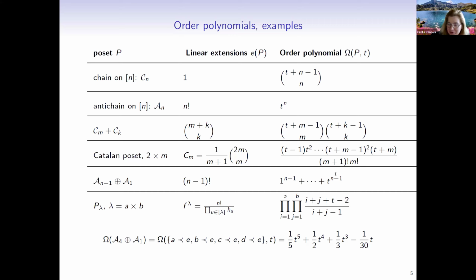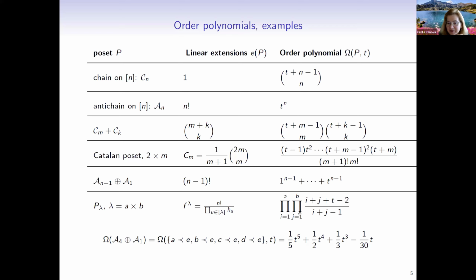This is the Faulhaber formula. If you sum the integers from 1 up to t, it's t plus 1 choose 2, right? And for the squares, 1 squared, 2 squared, and so on up to t squared, you get t times t plus 1 times 2t plus 1 over 6, and so on. So for every n, if you do this, you're going to get a polynomial of degree n.